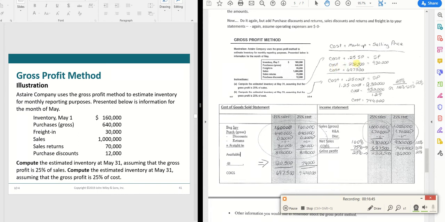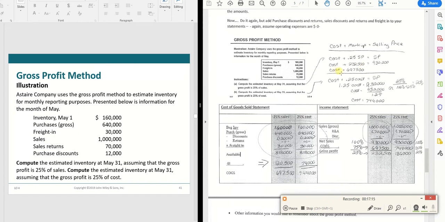All right, so notice that in this particular problem, I know that cost of goods sold plus my markup of $232,500 equals my selling price. So I can do my cost of $697,500. Okay, so look at this particular one. This $930,000 is given. It is 25% of selling price. So I take 25% of $930,000 to get $232,500.